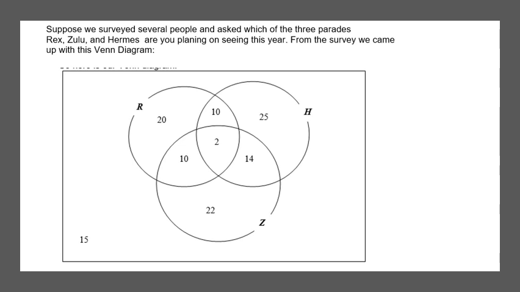We put them in a category. That is, we are working with sets. Second, we are counting. How many parades are you planning on seeing? Labeling, putting things into different categories. Also counting suggests the concept of a Venn diagram.